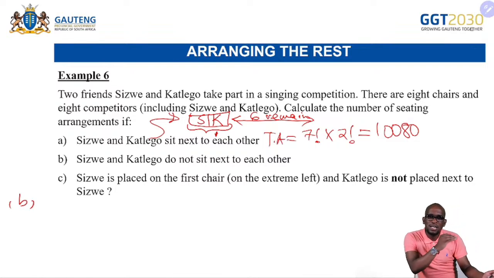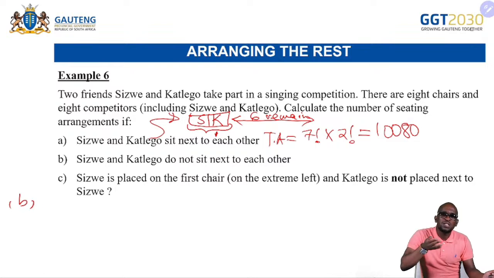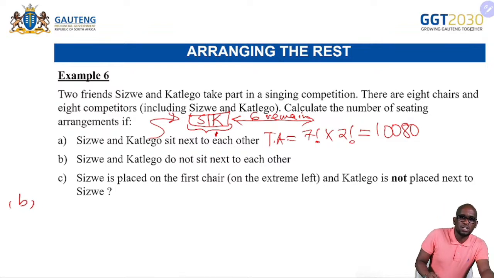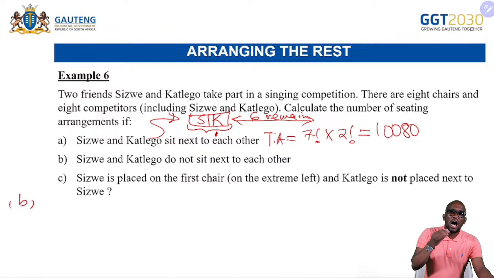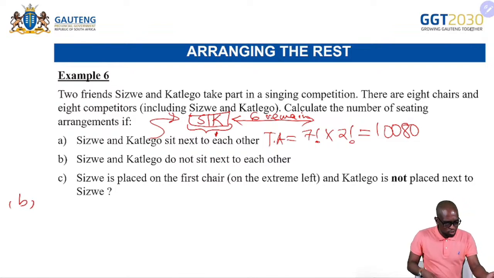Obviously, the remaining arrangements would be the arrangements where they are not seated next to each other. So that is how we can simplify the solution of this problem so that it does not become a tedious task.